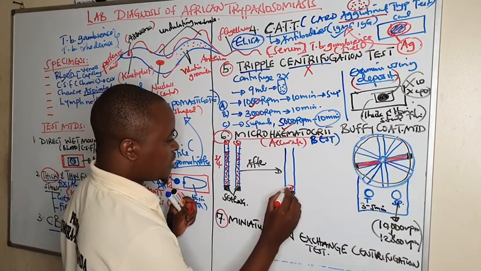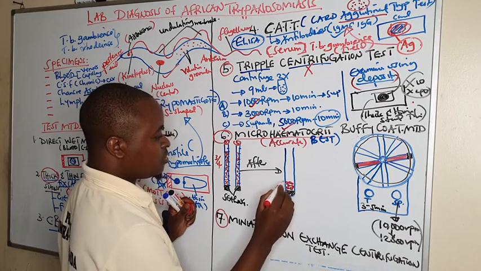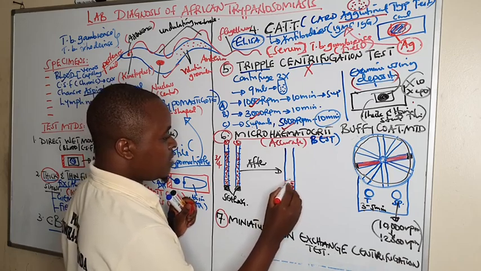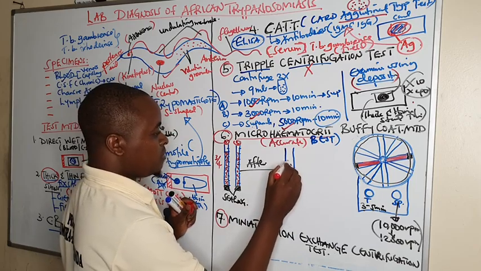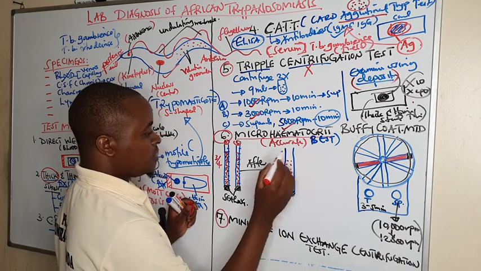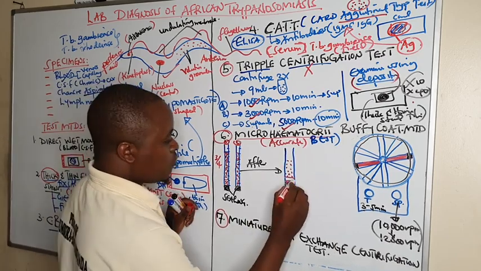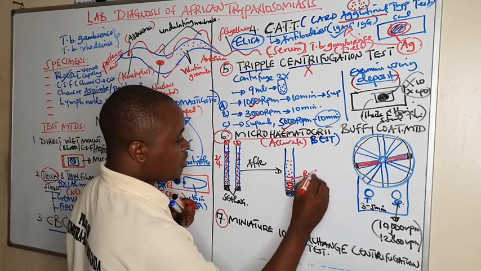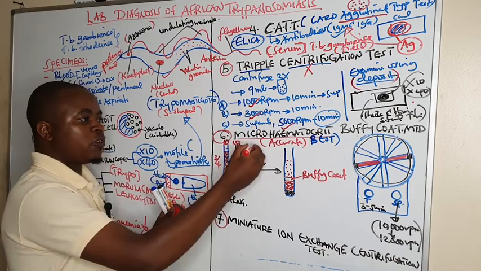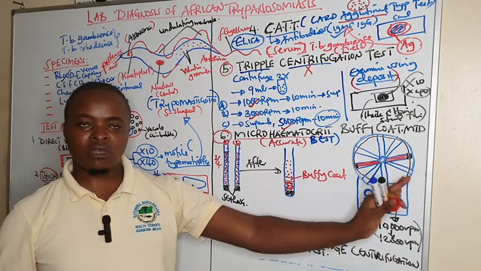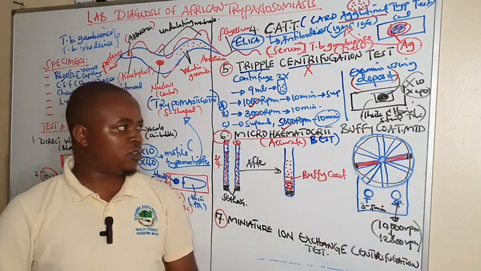We know that red cells settle first at the bottom, followed by a clear buffy coat, then plasma. So this is the plasma, and we are interested in this part which we call the buffy coat. That's why we call the method microhematocrit, because we are using a microhematocrit centrifuge.